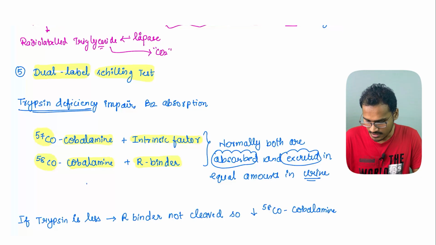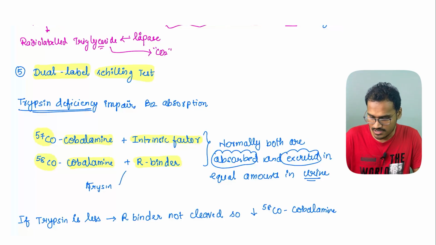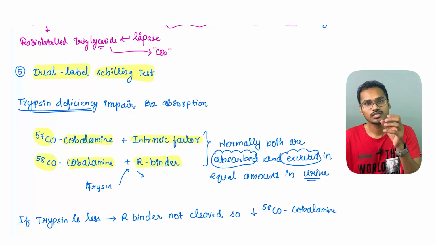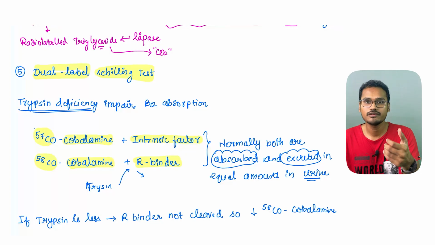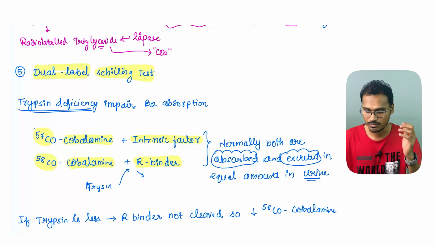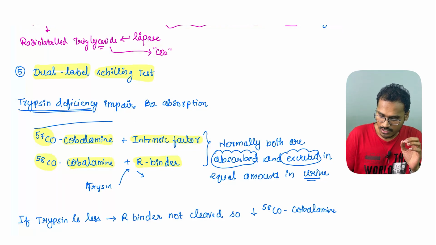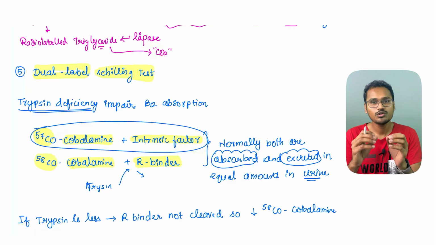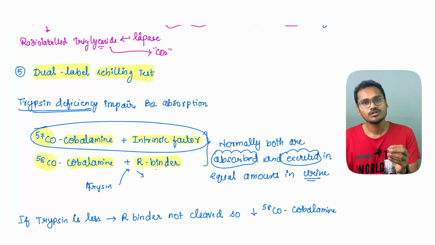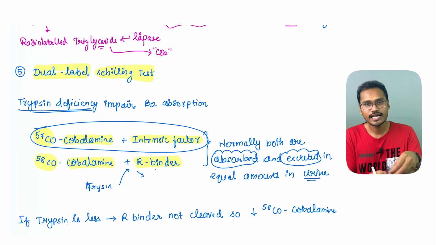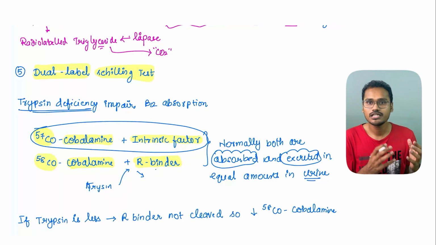This trypsin has to first separate the R binder from the vitamin B12 so that the cobalamin can combine with the intrinsic factor and get reabsorbed. For the combination with intrinsic factor, we don't need any additional factor, because the intrinsic factor and cobalamin directly go into the ileum and can be reabsorbed.